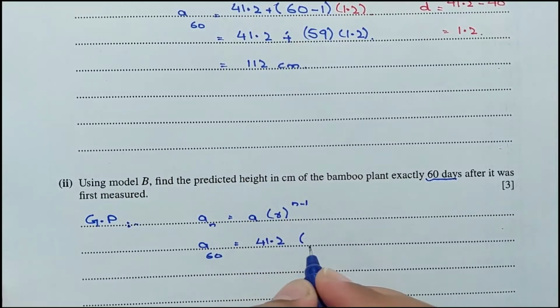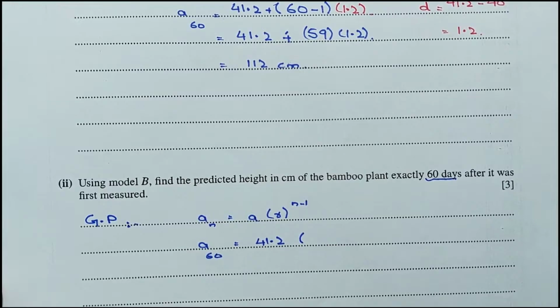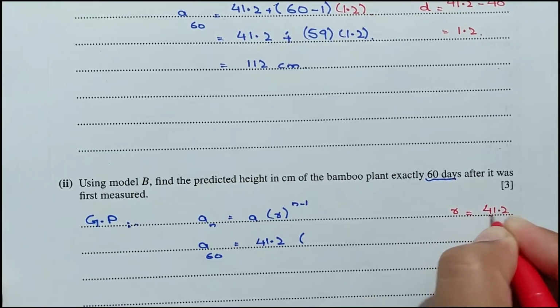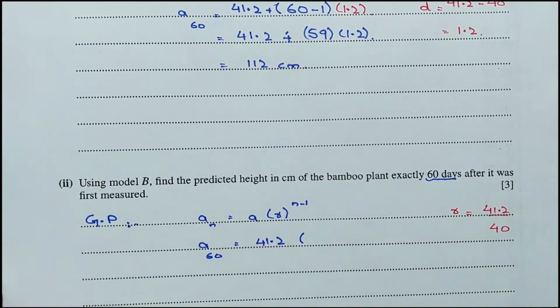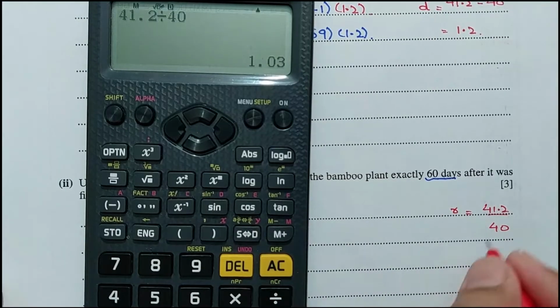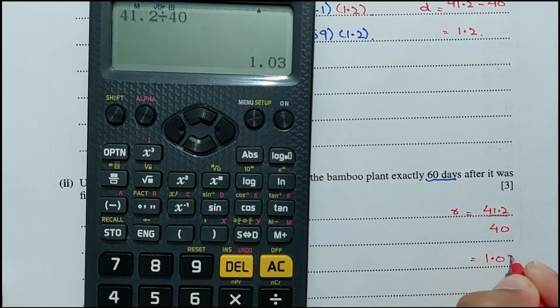R is the common ratio, so we have to find it. To calculate the value of R, we have to divide the second term over the first, which is 41.2 over 40. This is R, 41.2 divided by 40. This is equal to 1.03.